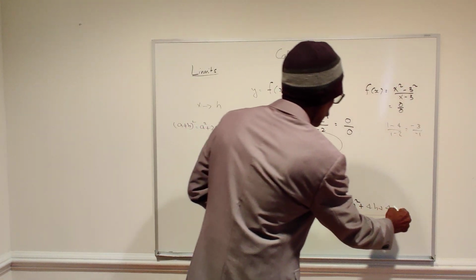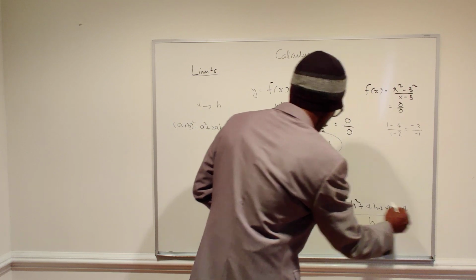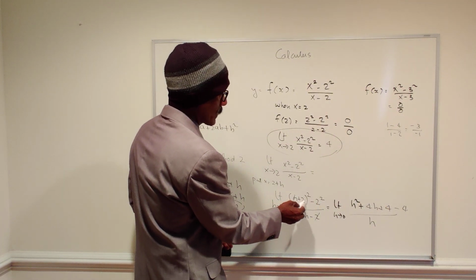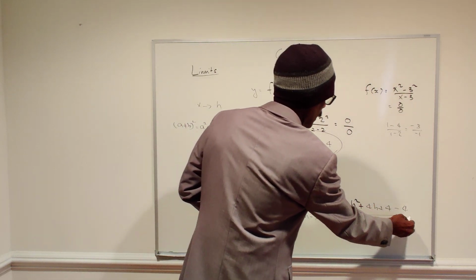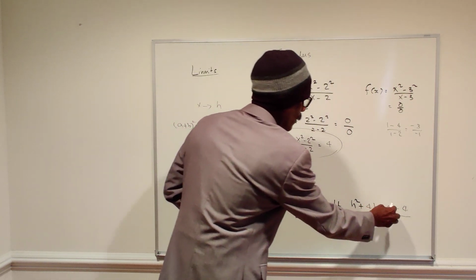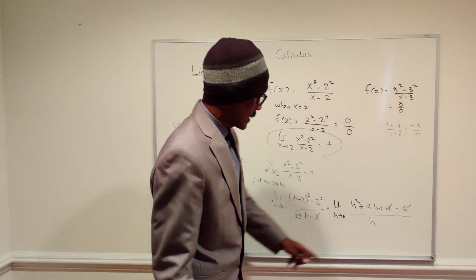Then minus 2 square, that is 4. See, 2 plus h the whole square is h square plus 4h plus 4, minus 2 square, minus 4, divided by h. See, 4 get cancelled. So h square plus 4h divided by h.